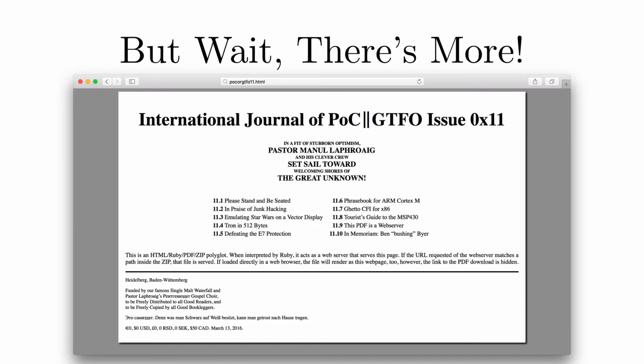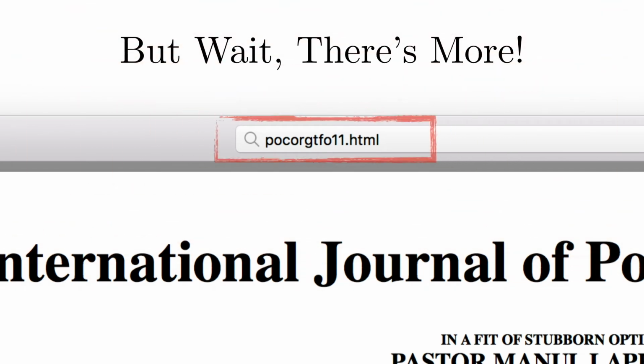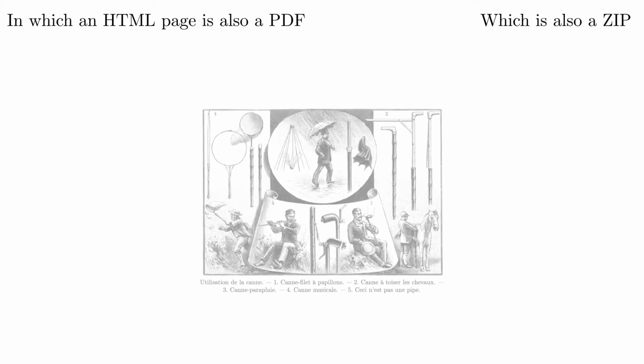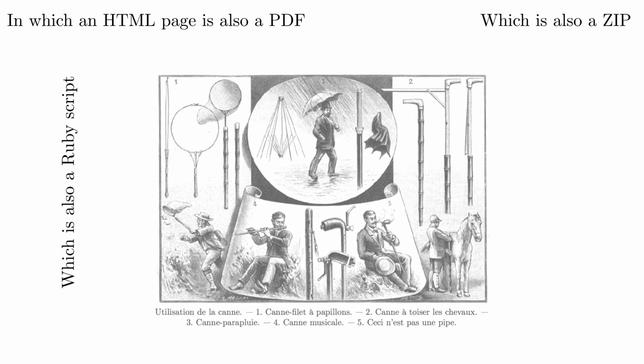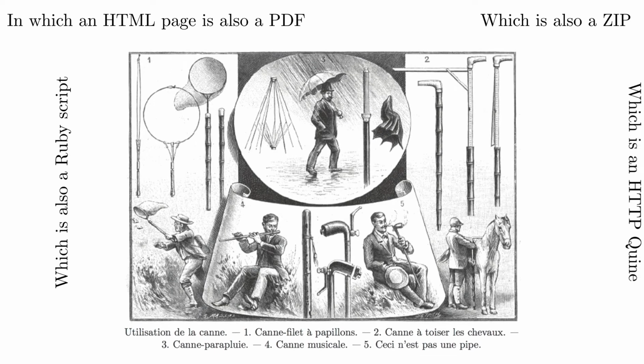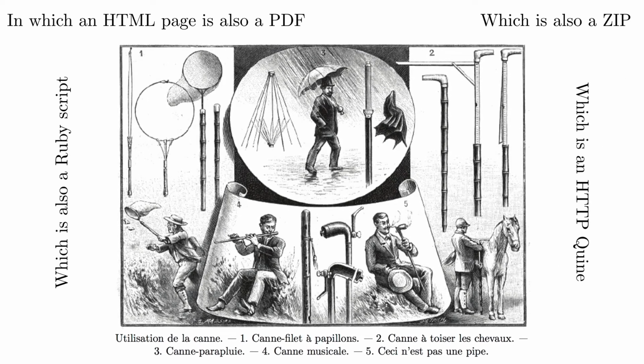However, using some JavaScript, we can clean up the DOM and make everything look pretty again, to the extent that you wouldn't even notice that anything was wrong. So this is an HTML page that's also a PDF, that's also a zip, that's also a Ruby script, that's also an HTTP client.